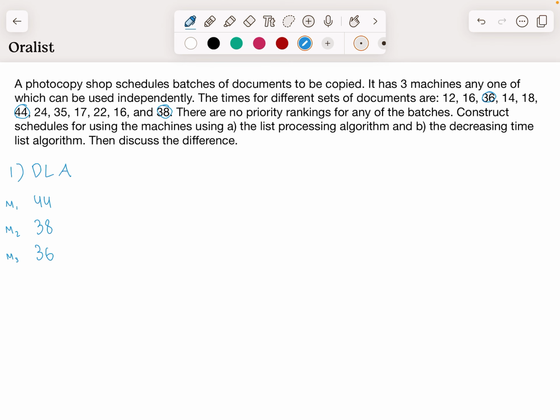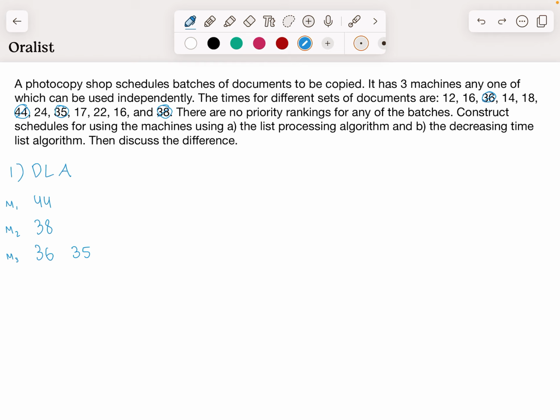Okay, now since we have the biggest numbers out of the way, we just want to keep going from greatest to lowest order. The next biggest number that we have, besides the ones we crossed out, is going to be 35. And since 36 is the lowest number between the machines, we would write 35 minutes after the 36 minutes from machine 3 has been done. So that would be this one.